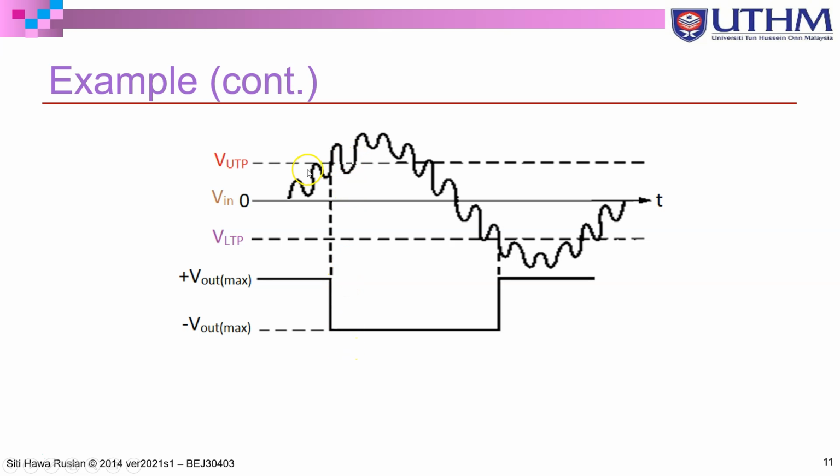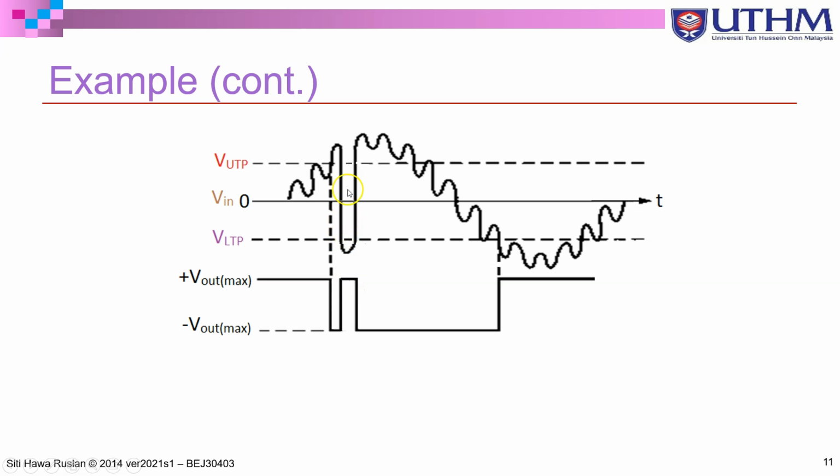For the comparator, we have seen that we are only comparing the signal with just one reference voltage. But now we have two, V upper and V lower threshold point. Unless the signal has a very large noise which is crossing the V hysteresis, the difference between the upper threshold and the lower threshold point, only then will you get a false triggering over here.